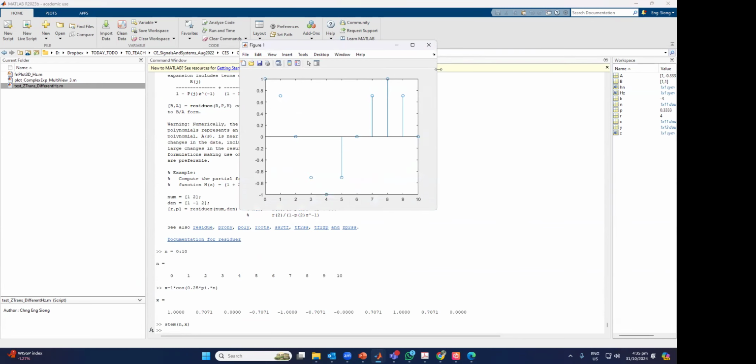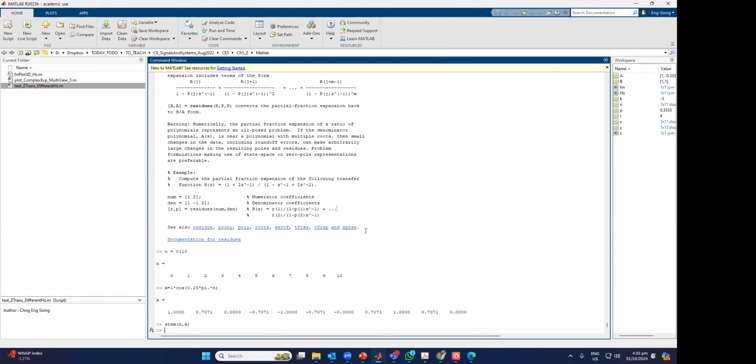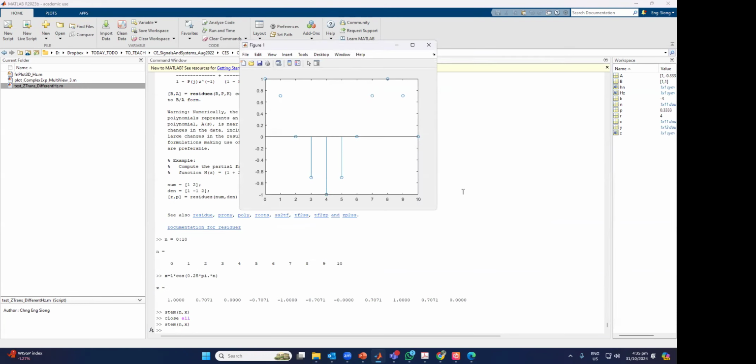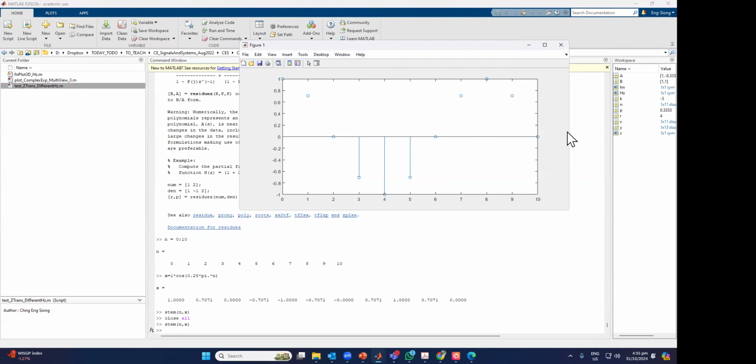The stupid line doesn't come out. How should I do it? There's a bug in MATLAB, okay, guys? All these should be aligned. Oh, I remember solving this problem before.